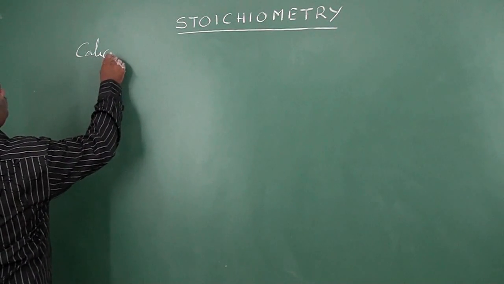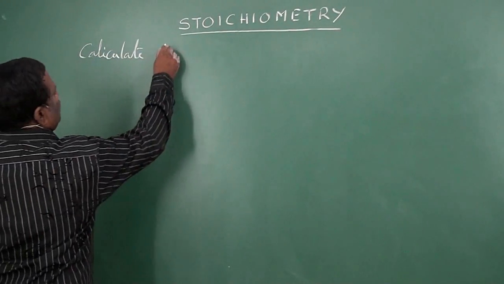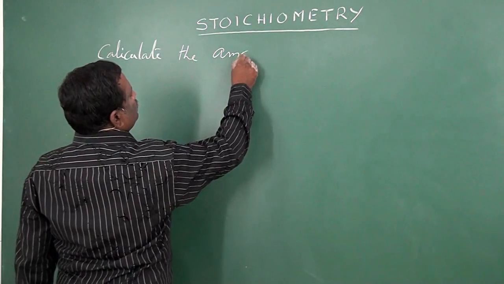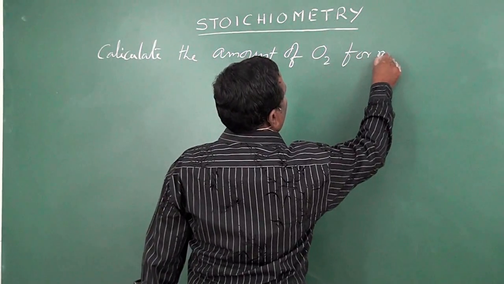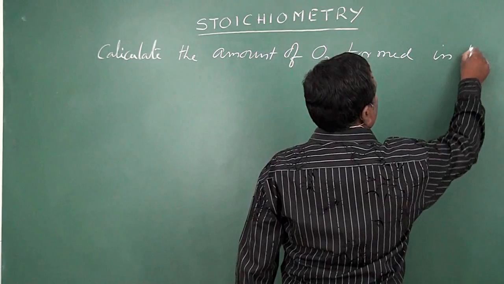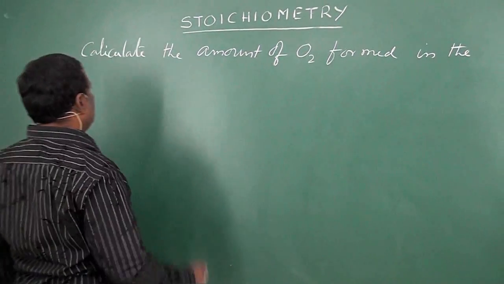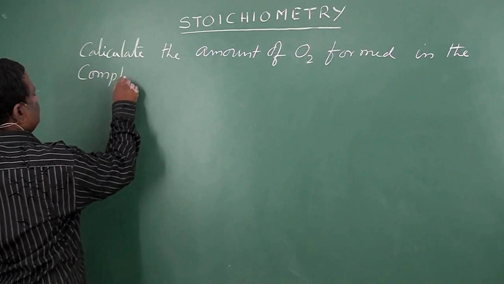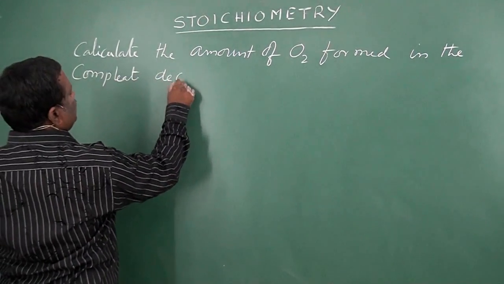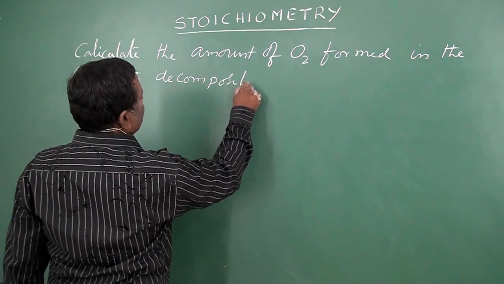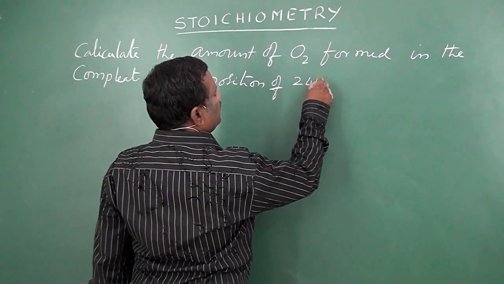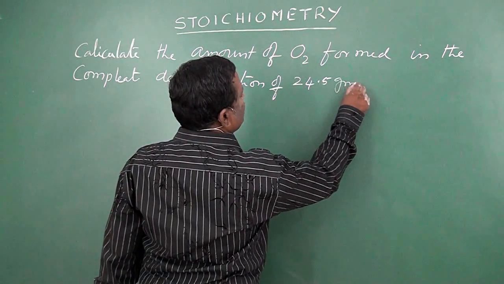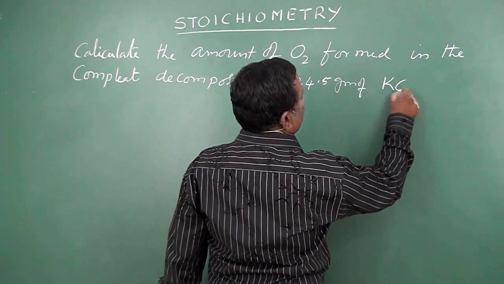Another problem. Calculate the amount of O2 formed in the complete decomposition of 24.5 grams of KClO3.